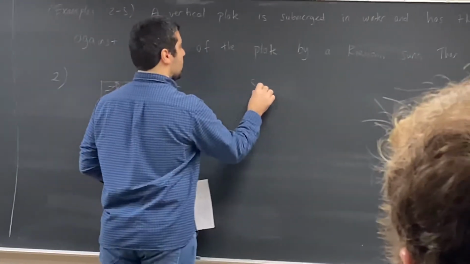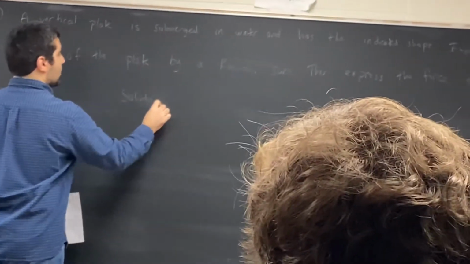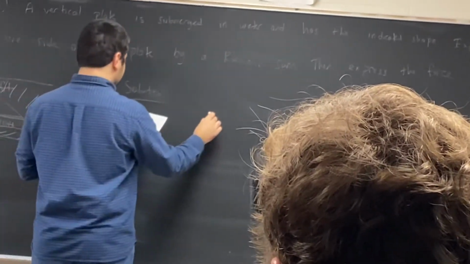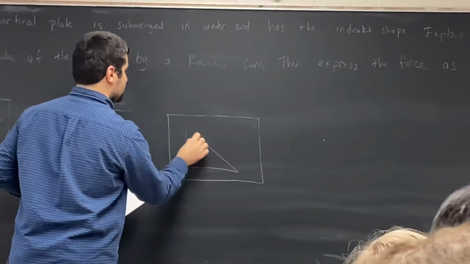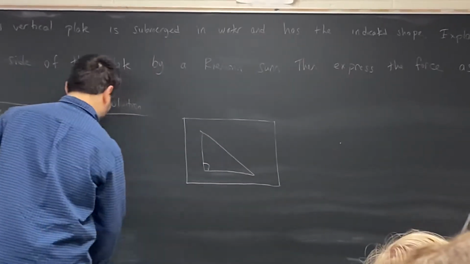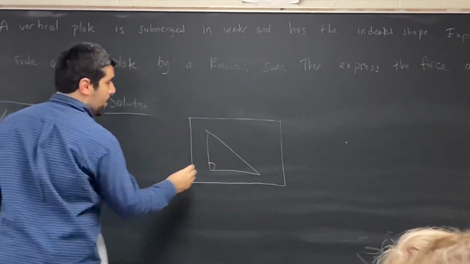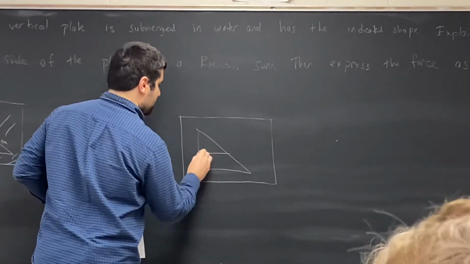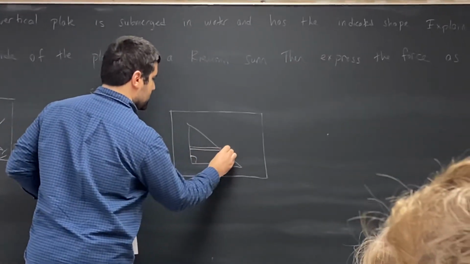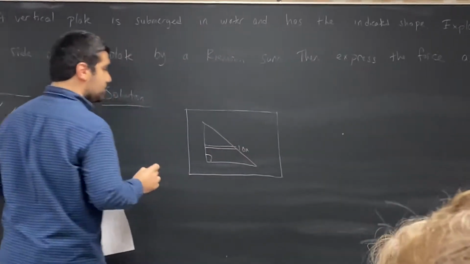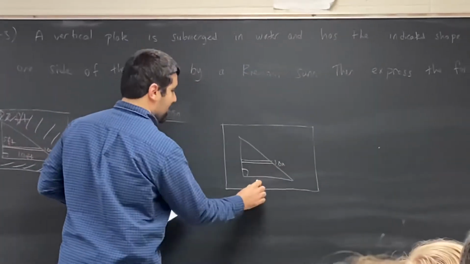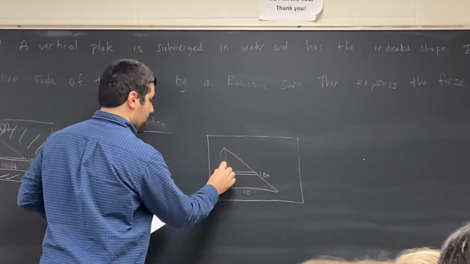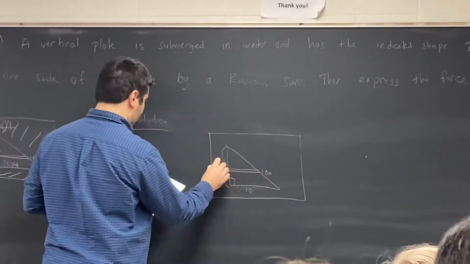Maybe you might want to sketch it. This is a thin slice. It has the width of delta x. We know that this is 10. This is 5.